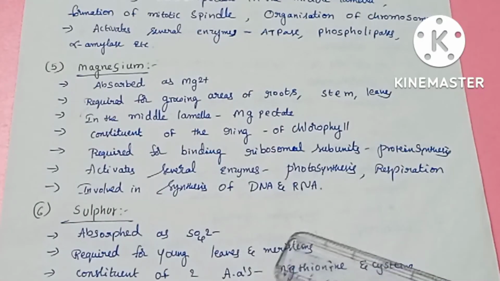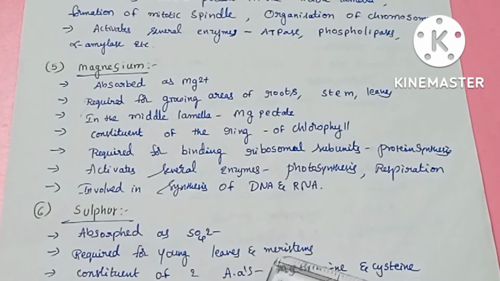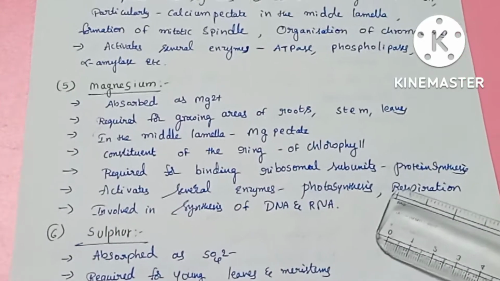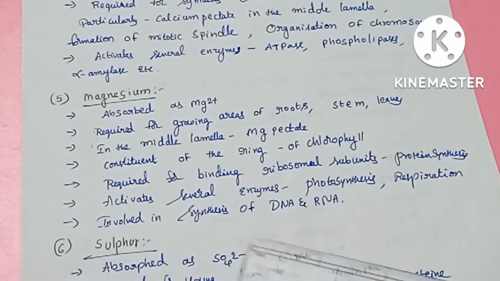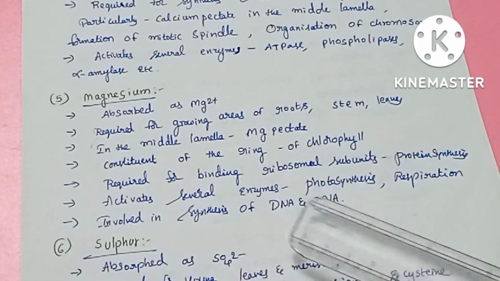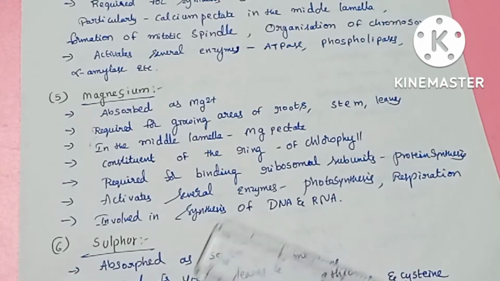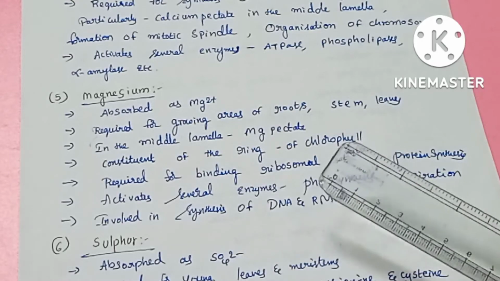During protein synthesis, the larger and smaller ribosomal subunits bind to the mRNA. So for that binding process, the magnesium ion concentration is necessary, and it activates several enzymes which are involved in photosynthesis and respiration. And not only that, it is also involved in the synthesis of DNA and RNA.